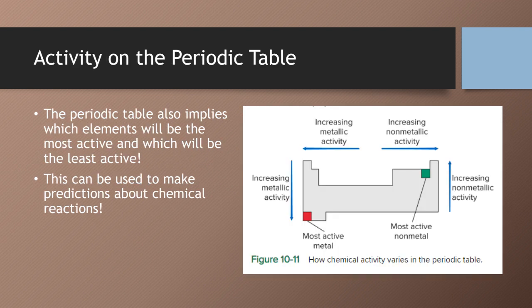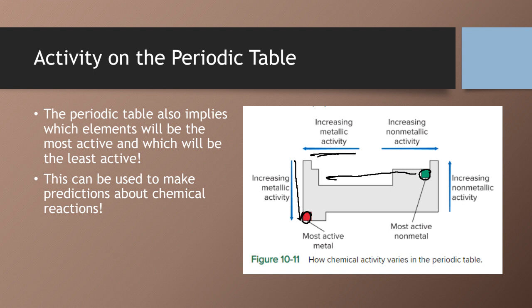The periodic table can also tell you which will be the most active and which will be the least active. So notice that down and to the left is the most active metal. Up and to the right is the most active nonmetal. As we go to the left, you see an increase in metallic activity.